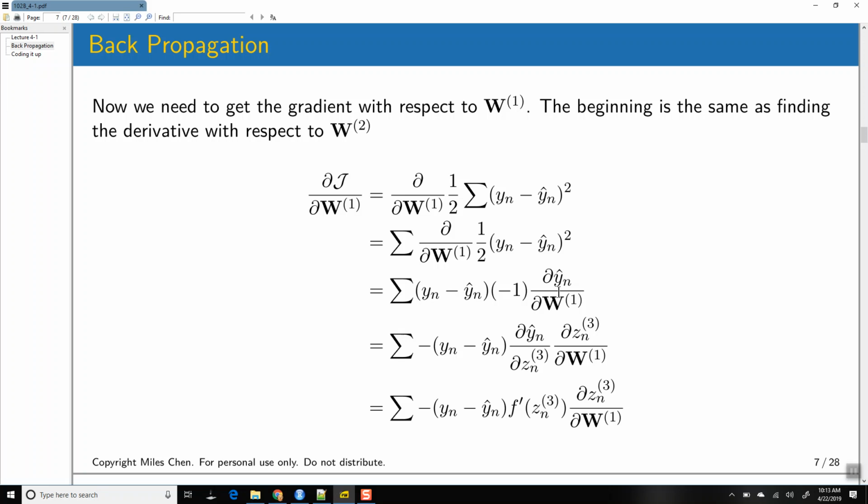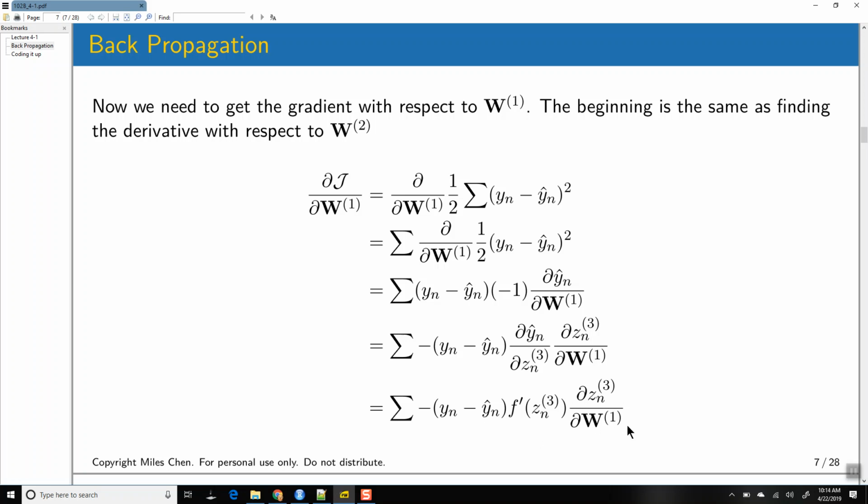Okay, and then we split up this partial into y hat with respect to Zn, and Zn with respect to W1. y hat with respect to Zn is the sigmoid prime, because what we've done is we've passed Zn3 through our activation function to get our y hat sub n. So this is just for observation n, and this is where we are now.